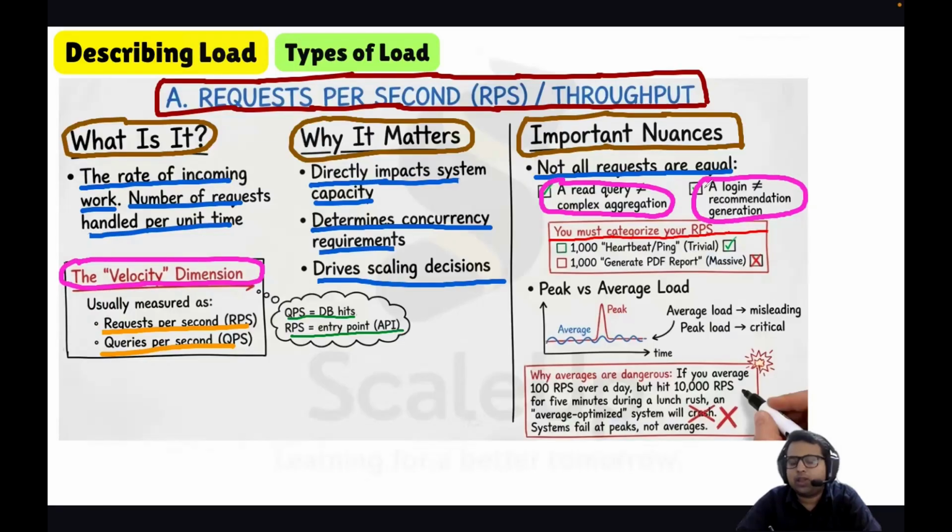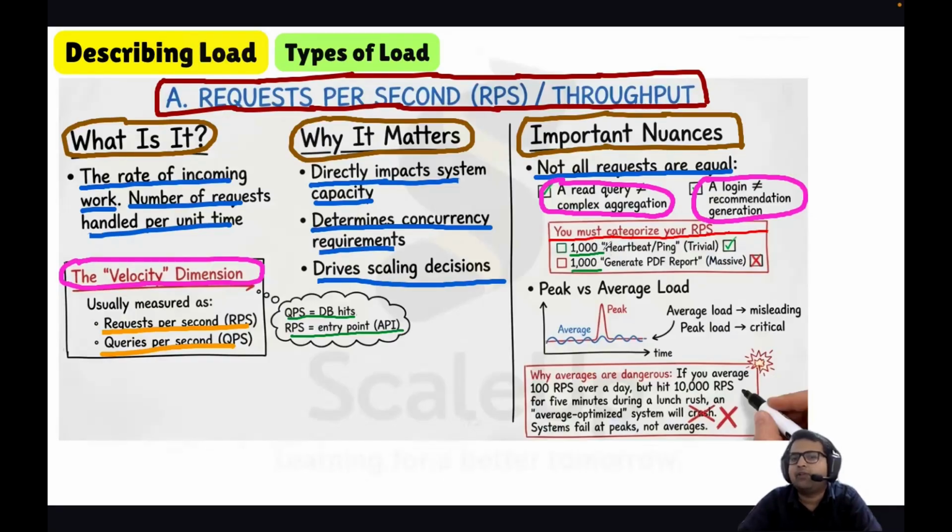Handling 1000 ping requests is trivial. Handling 1000 generate PDF report requests can be massive. In both scenarios, the request per second is 1000. So it is very clear that whenever we are dealing with requests per second, we also have to categorize it: which category the request belongs to, whether it is compute intensive or lightweight.